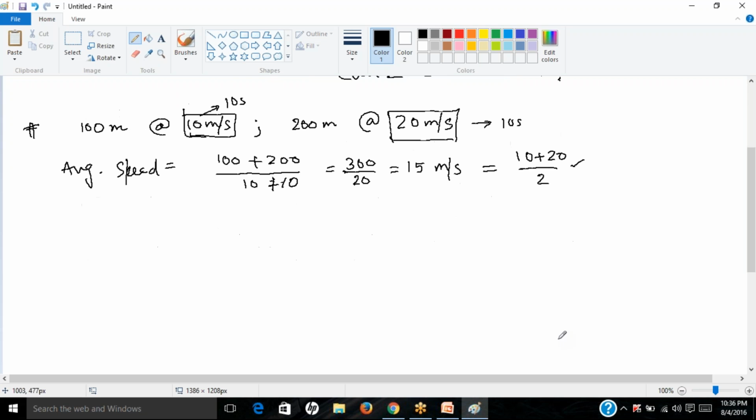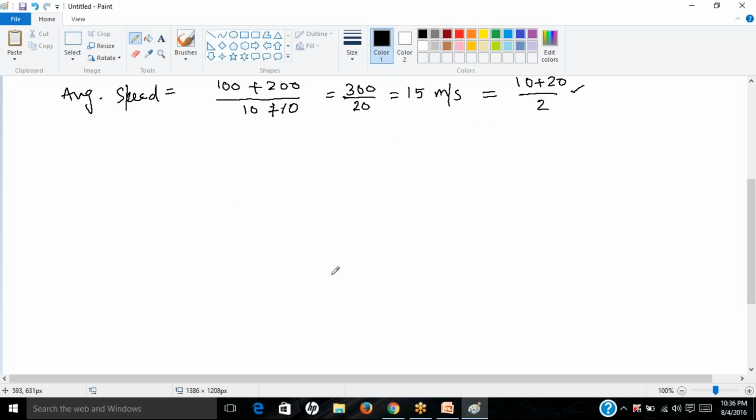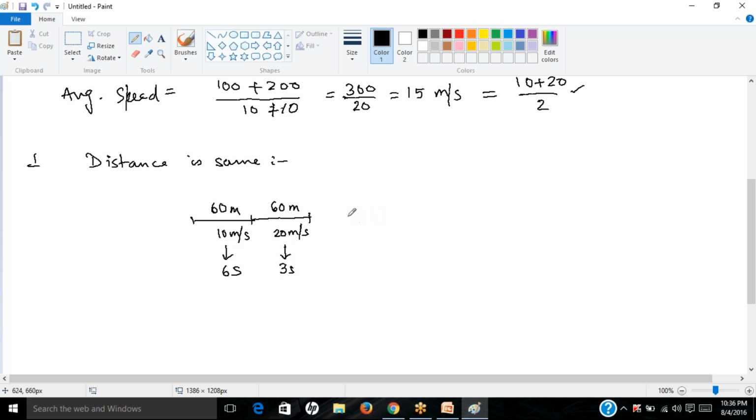So I will discuss 2 points here. Number 1, if the distance is constant, so you travel a distance, let's take a smaller value, 60 meters at 10 meters per second, and again travel 60 meters at 20 meters per second. So we are saying distance is same. 6 seconds is the time, 3 seconds is the time.